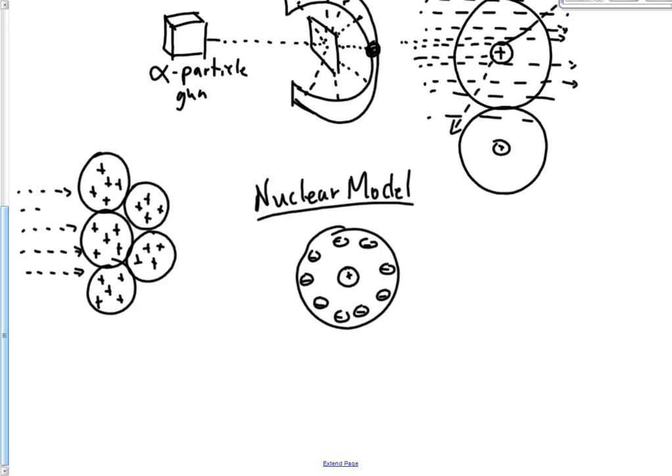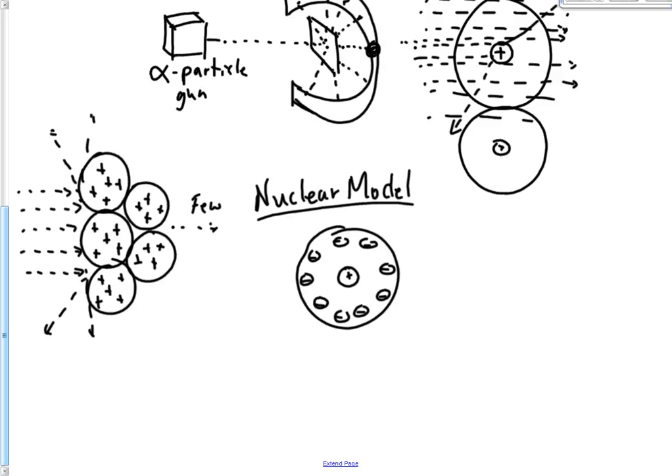Okay, there's no empty space. They're just solid. How many of those alpha particles would get through? Okay, and the answer is not very many. Okay, the vast majority of these would be bounced off, reflected or refracted off, and very few would make it all the way through, if any. Depending on how tightly packed or how densely packed the atoms were.